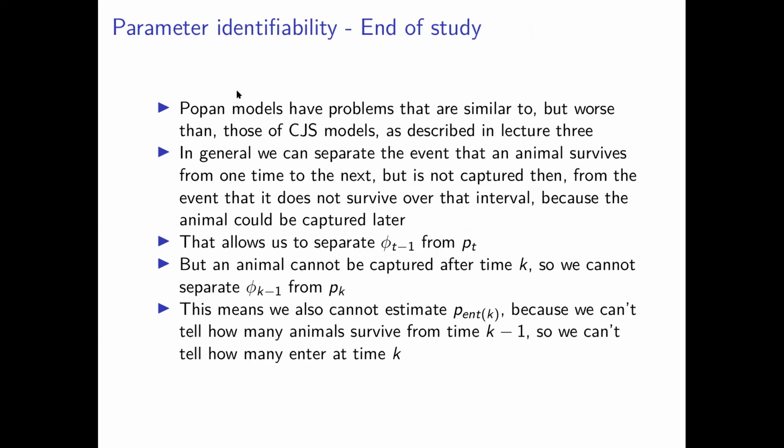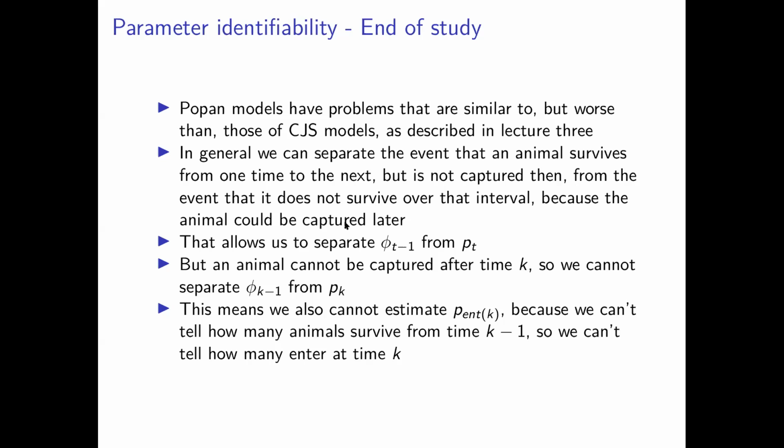Okay, parameter identifiability. If you remember, CJS models have problems with parameter identifiability, and Popan models have the same problems, but also more problems. So, as described in lecture 3, in general, you can separate the event that an animal survives from one time to the next, so it is not captured then, from the event that it does not survive over that interval.